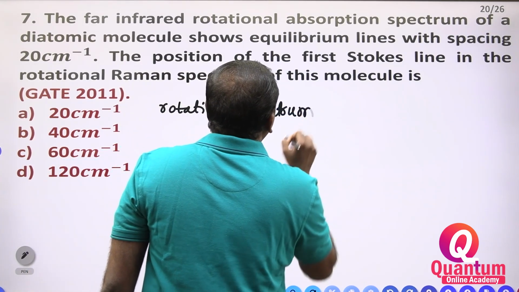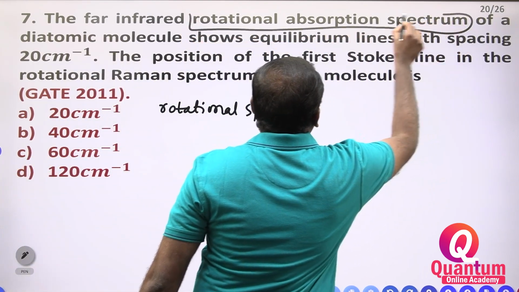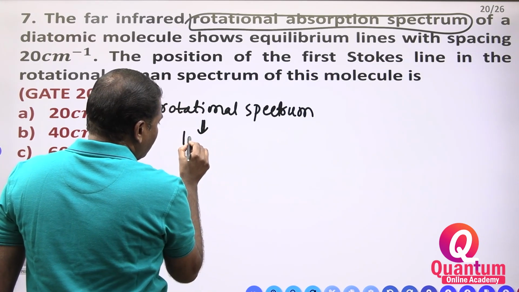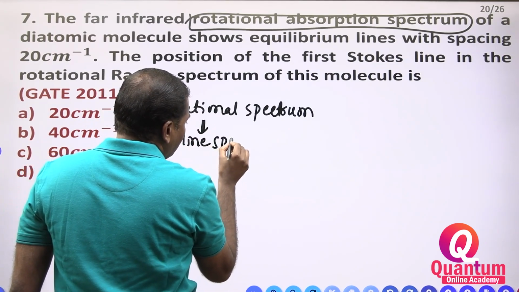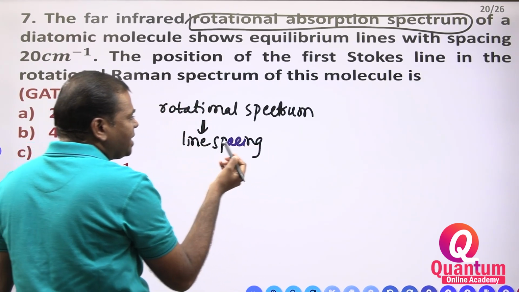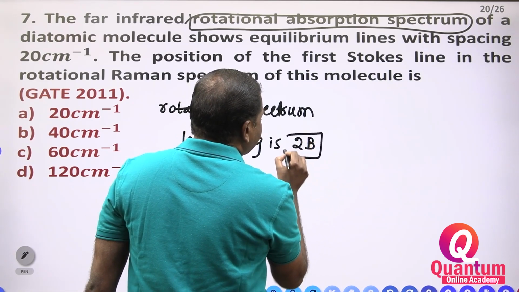In the rotational absorption spectrum, the line spacing between lines is 2B.